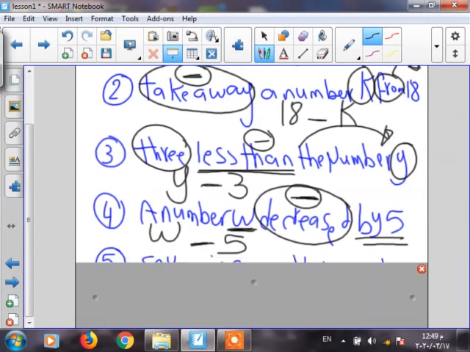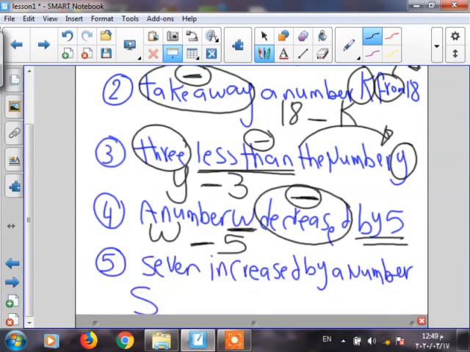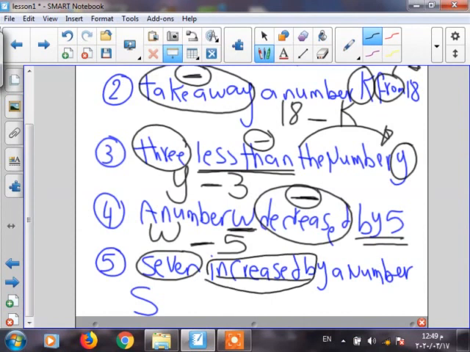The next one, I have here 7 increased by the number S. I have here number 7 increased. What is the meaning of this word? Increase means plus.